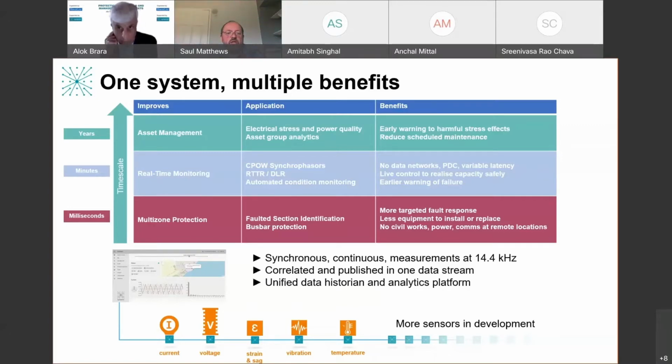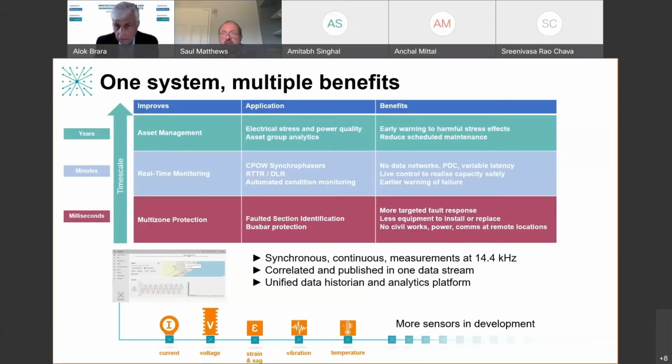When it comes to the human timescales, and we're not looking at faults, we're continuously generating this rich data about waveforms, temperatures, and interactions between load and the physical infrastructure. And that's important because it provides real-time monitoring, such as dynamic line rating for overhead lines, real-time thermal rating for cables. And of course, we're generating synchrophasors at least, but actually we're going beyond that.